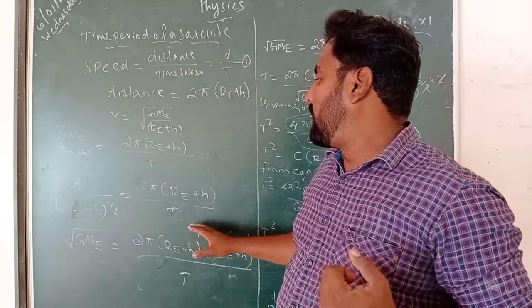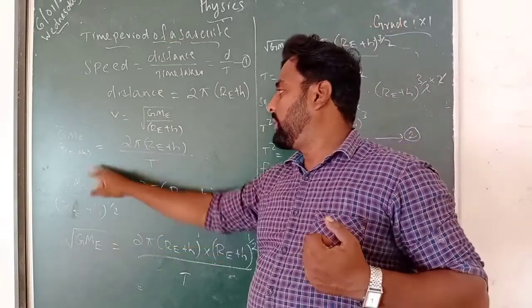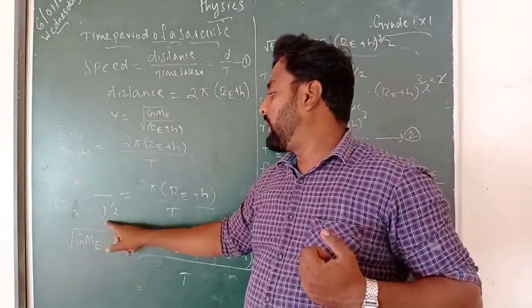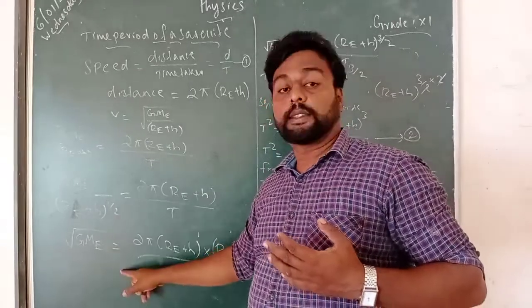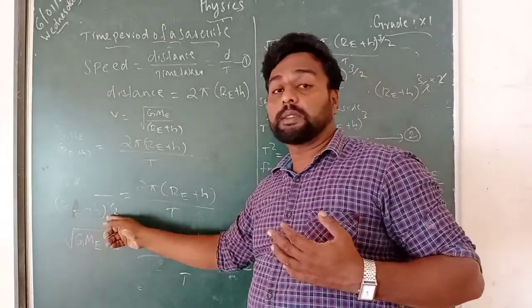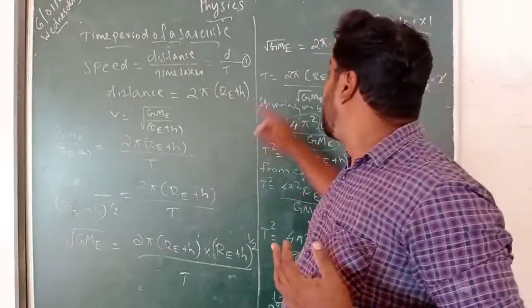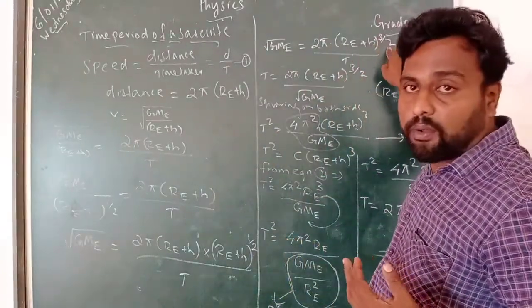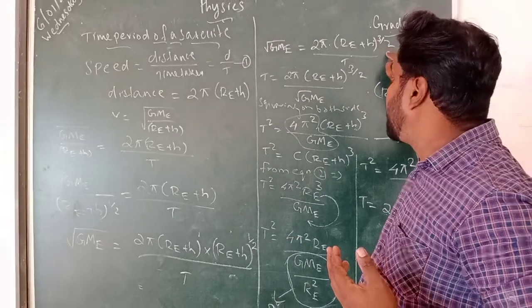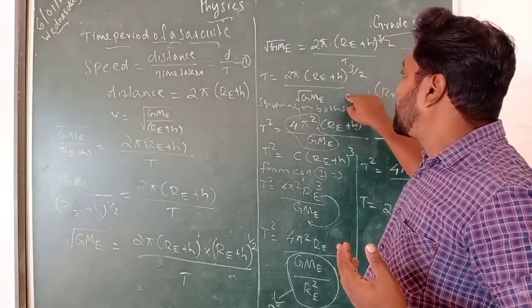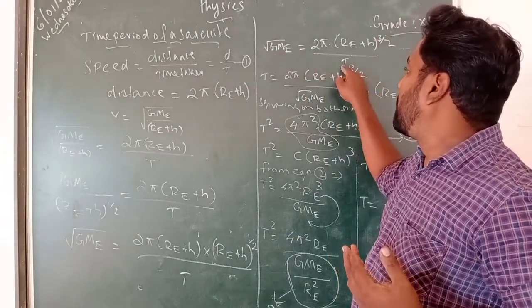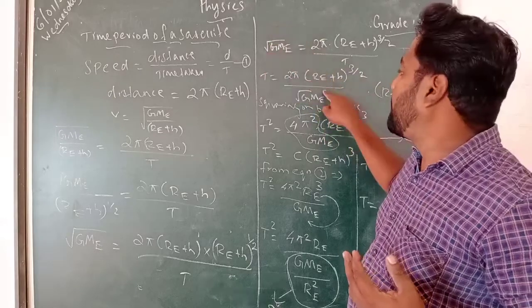In this step we are changing the square root and writing 1 by 2. In the next step we are taking this R plus h to the power 1 by 2 here, so 1 by 2 here and 1. Next step, adding the power value: 1 plus 1 by 2 is 3 by 2. Now in the next step we are taking the T here and root G M_e down.